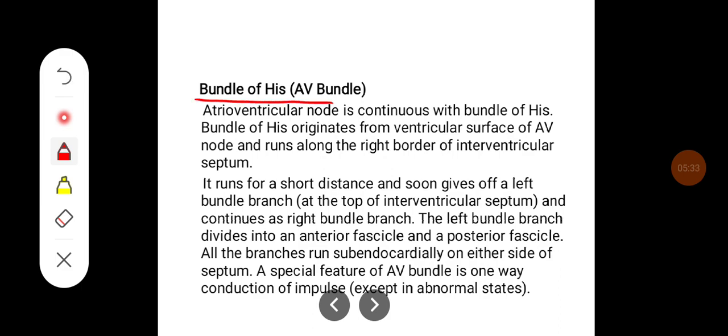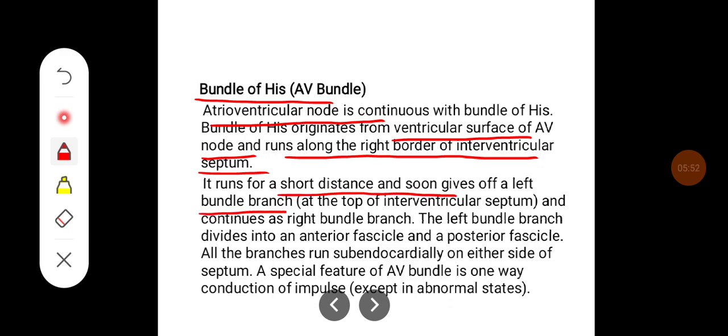Bundle of His, also called the AV bundle. The atrioventricular node is continuous with the bundle of His. The bundle of His originates from the ventricular surface of the AV node and runs along the right border of the interventricular septum. It runs for a short distance and soon gives off the left bundle branch at the top of the interventricular septum and continues as the right bundle branch.